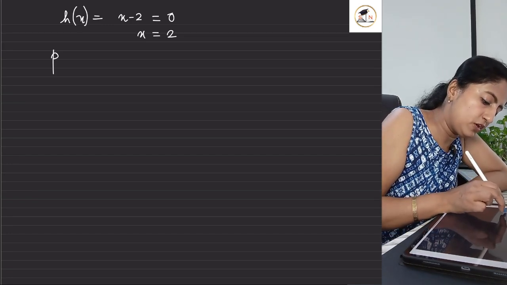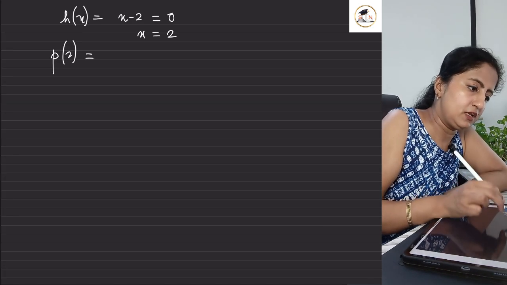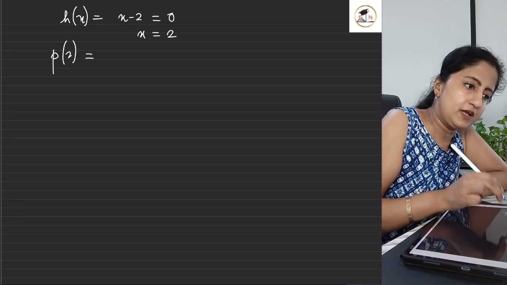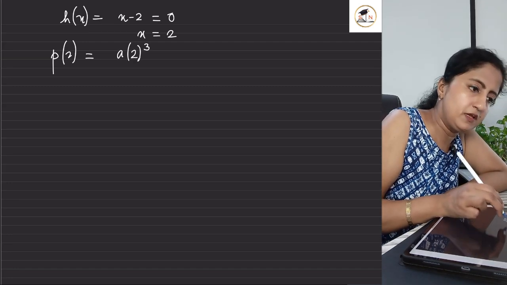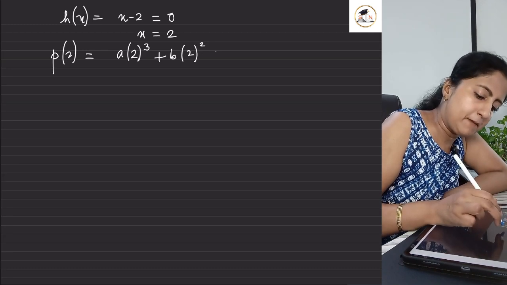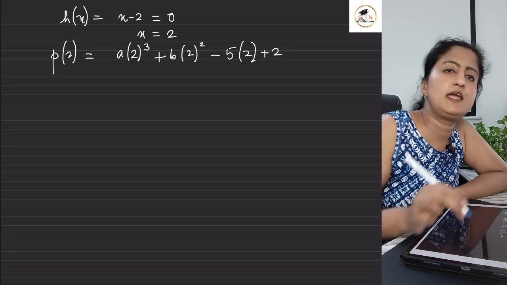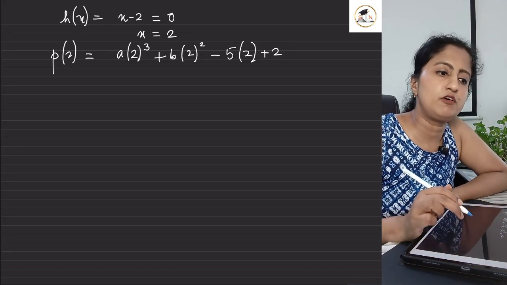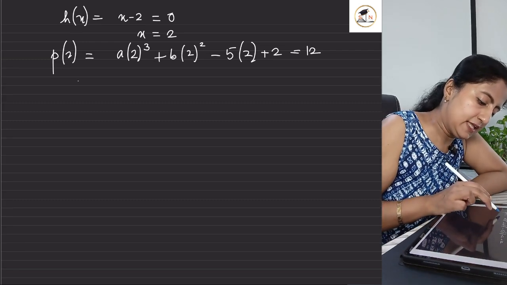Now, in the main polynomial, which was px, substituting 2 over there. Now, what does that leave me with? I am going to substitute. It gives me a times 2 cube plus b times 2 square minus 5 times 2 plus 2. And they have told it leaves a remainder of 12. So I am equating with 12 here.